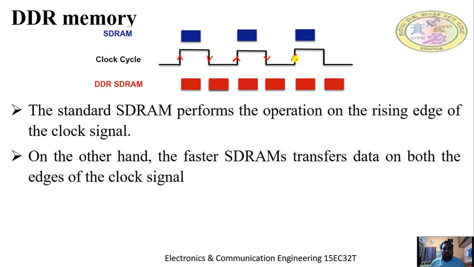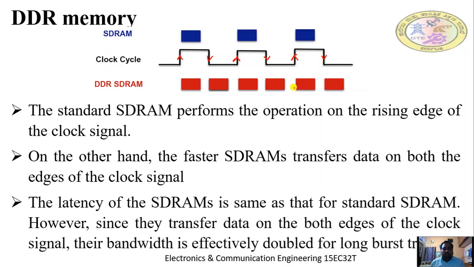That's how the latency will remain the same for both SDRAM and DDR SDRAM. However, the transfer of data is done on both edges of the clock signal, thereby increasing the bandwidth. Bandwidth will be exactly doubled. Such a faster SDRAM is known as double data rate SDRAM.